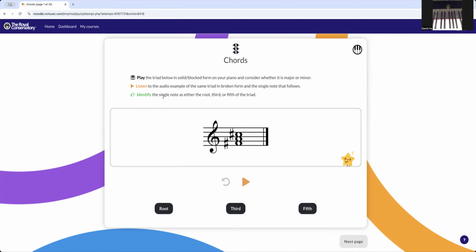Now we're going to identify the single note as either root, third or fifth. I'm going to mark this one. This one is root, this one is third, and the top one is fifth. Let's listen to this one.